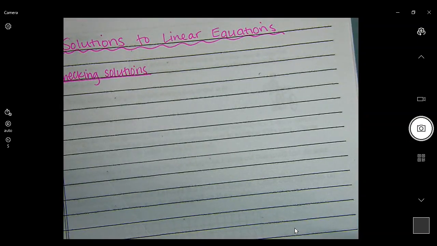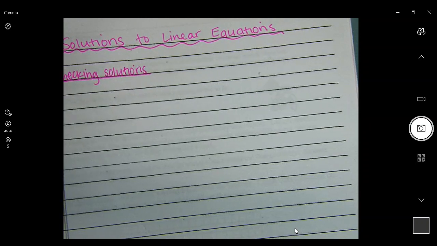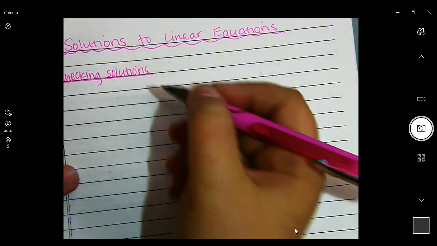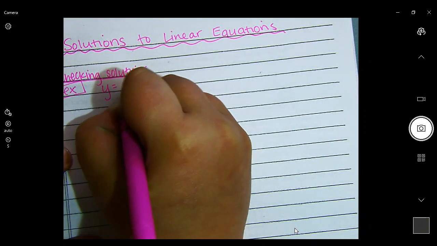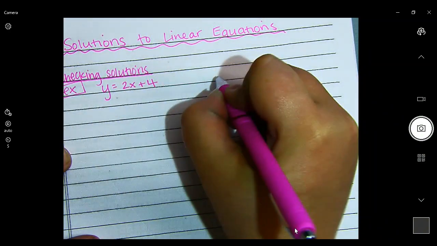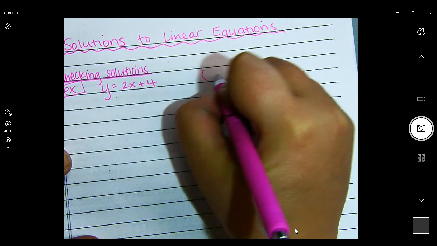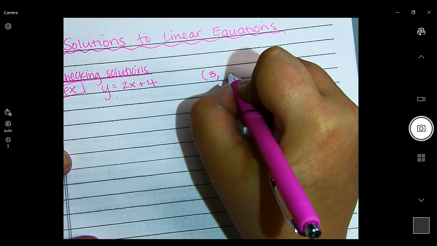Okay, so if I give you the equation y equals 2x plus 4, and I wanted you to check the solution of (3, 10).